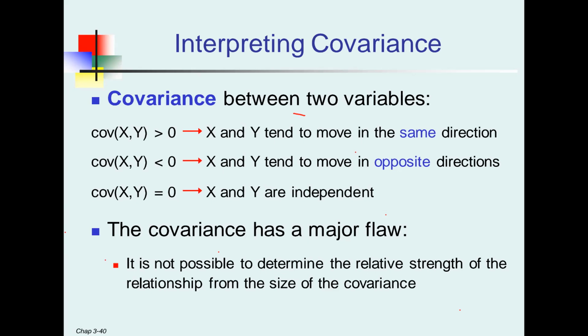Technically, you can say they have an inverse relationship. Which means when this one increases, the other one does what? Decrease. And again, if you find that the covariance is 0, it means that the two variables are independent, meaning there is no relationship whatsoever between the two variables. Did you get that?